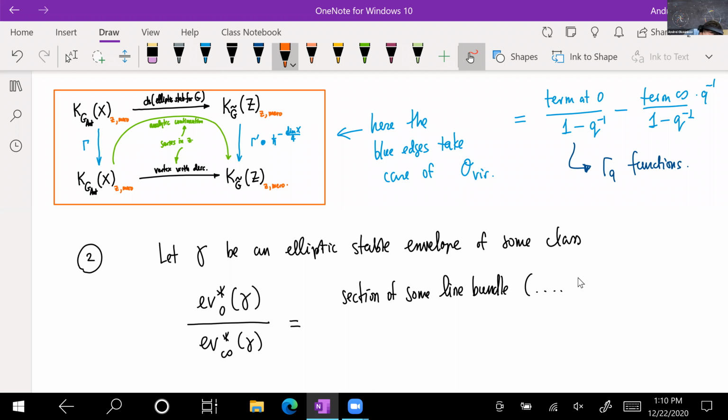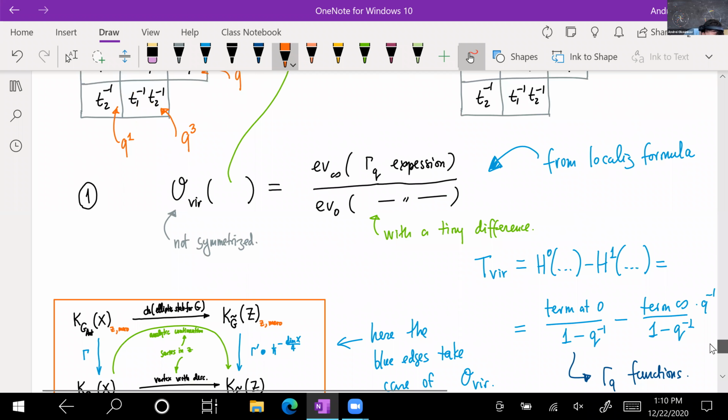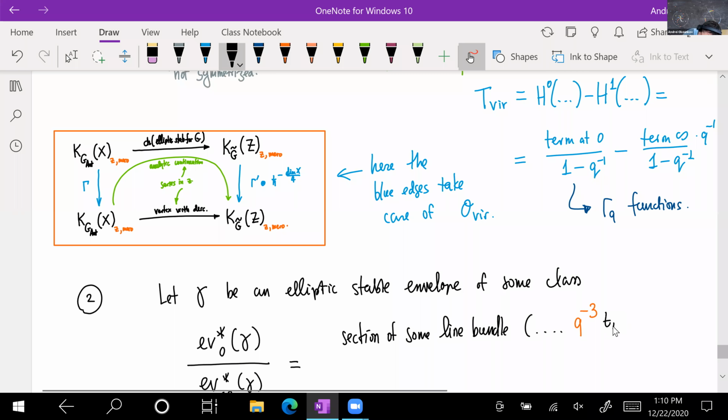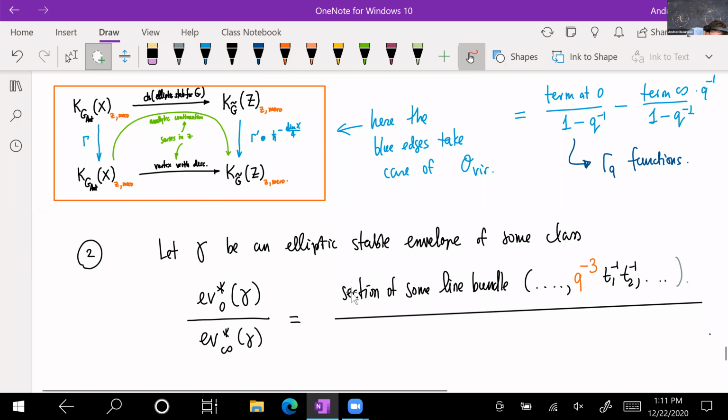You'll evaluate at things like q to the minus 3 t1 inverse, t2 inverse, this sort of thing. And you divide it by the same expression.